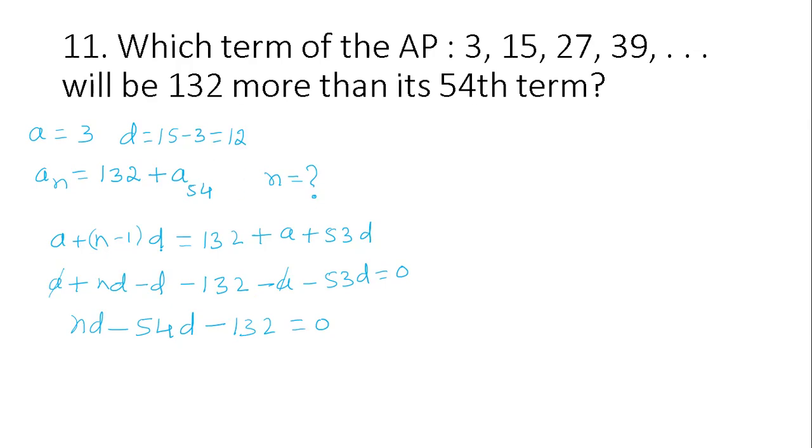We know that D is equal to 12 now. N into 12 minus 54 into 12 minus 132 is equal to 0.